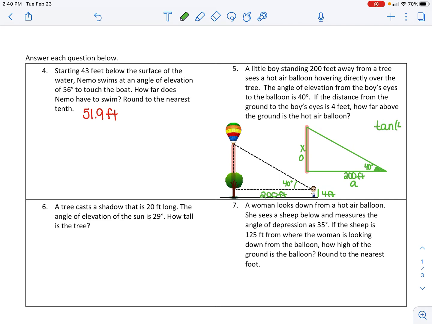I have the tangent of 40 is equal to opposite over adjacent. We're going to cross multiply, so we get x times 1 is x, and then we're taking 200 times the tangent of 40. Sorry, guys, almost ran out of room there.